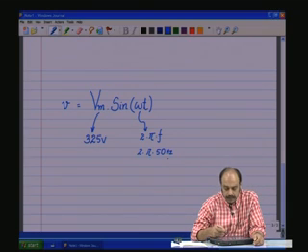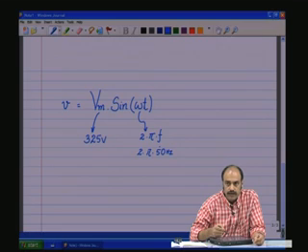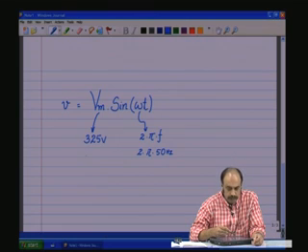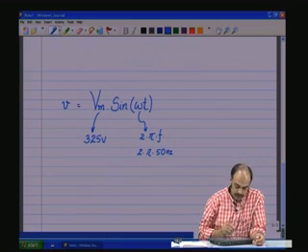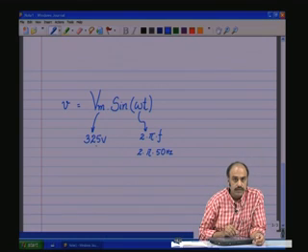So, the two variations in the standards are that the frequency is either 50 hertz or 60 hertz in different countries, and the amplitude, instead of being 325, could be 200 volts in some of the other countries. But in our country it is 325 volts peak amplitude, 50 hertz is the frequency of the waveform.